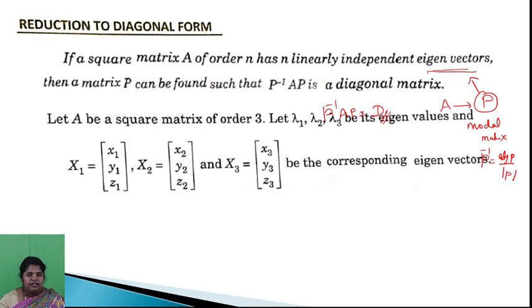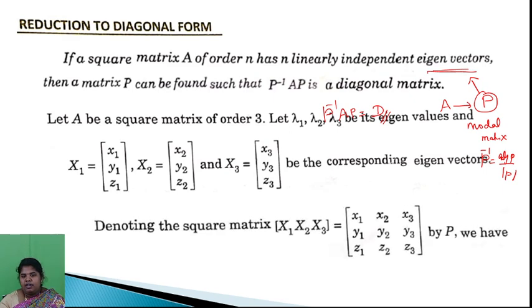Consider a square matrix of order 3. Then it has 3 eigenvalues, lambda 1, lambda 2, lambda 3. Corresponding eigenvectors are x1, x2 and x3. Now we are going to write the matrix using the eigenvectors.